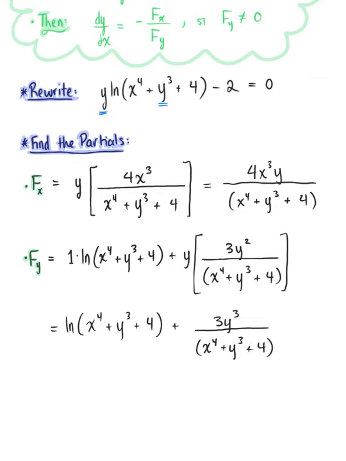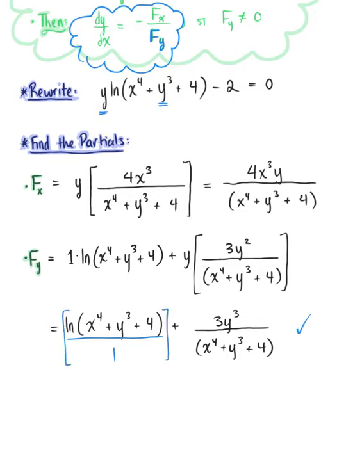Now, before we dive into finding the derivative dy/dx, thinking back to the theorem, we can see that we're going to have the partial derivative with respect to y in the denominator. So we might as well take an extra minute now and find a common denominator for this partial derivative. Thinking about the logarithm as being over 1, we can multiply the numerator and denominator of this term by x to the fourth plus y cubed plus 4. Whatever we do to the top, we've got to do to the bottom.